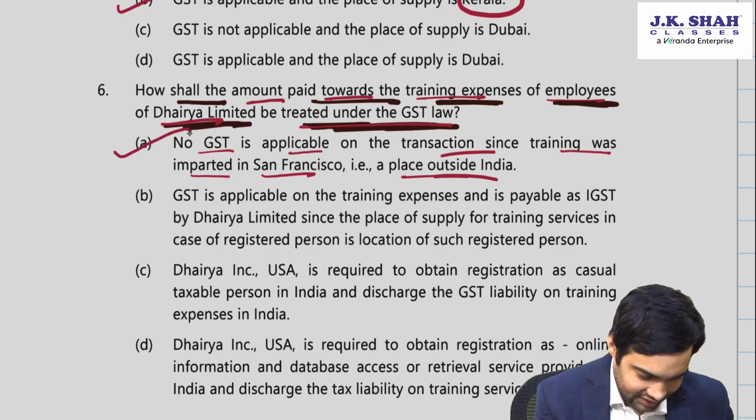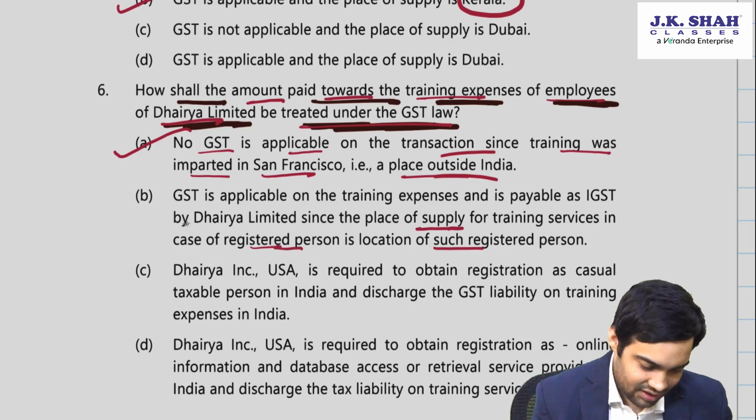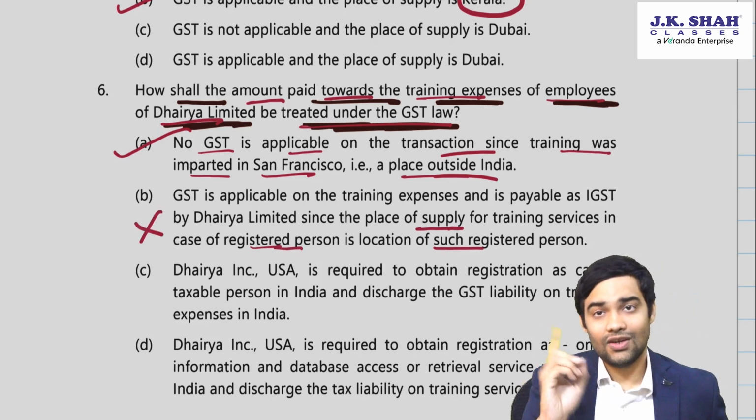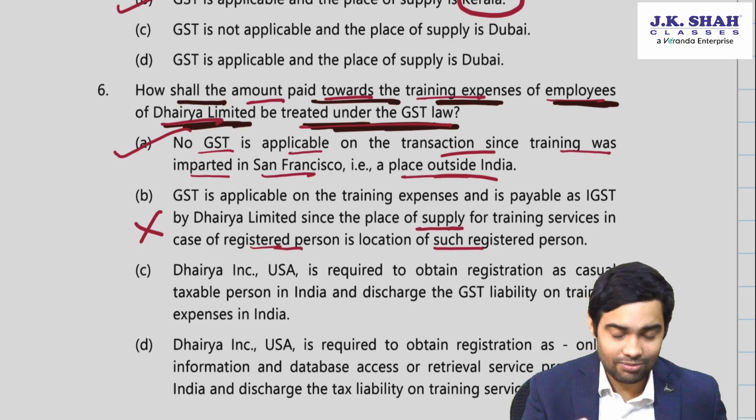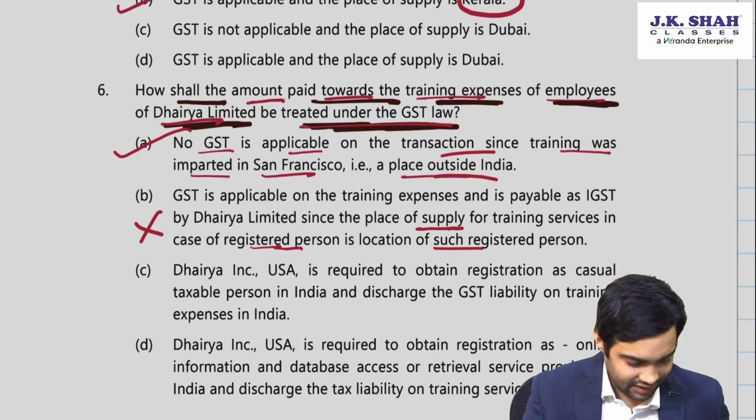This is the correct answer, but let's read the other options as well. GST is applicable on training expenses and IGST is payable by Dhairya Limited since place of supply for services provided to a registered person is location of registered person. No, if it was a section 12 case, then this would have been right. It's section 13 of IGST, where one of them, either the supplier or recipient, is outside India.